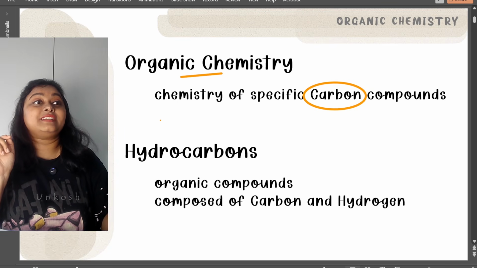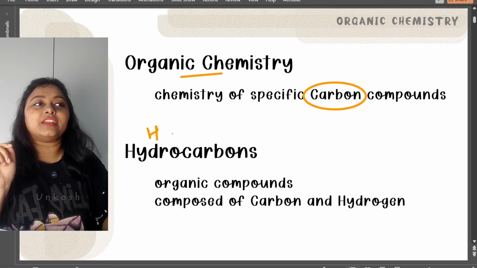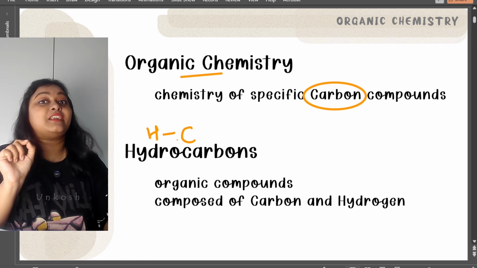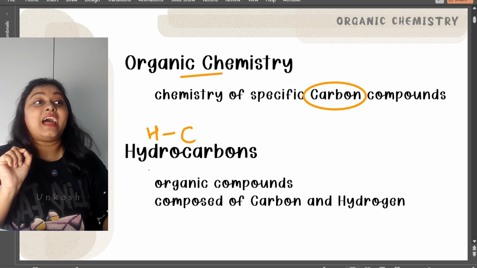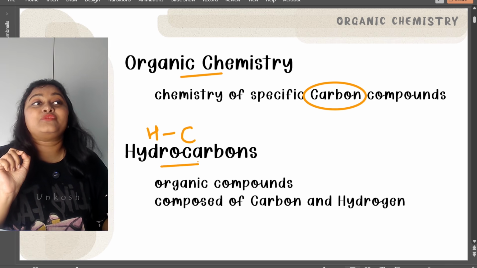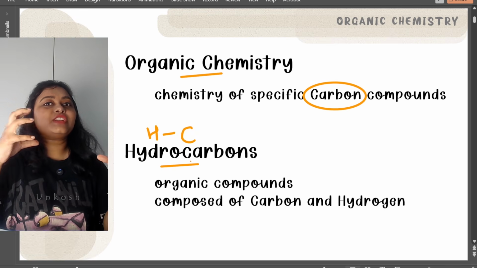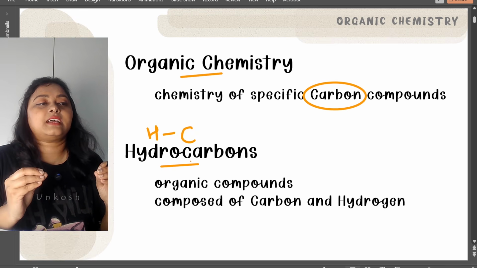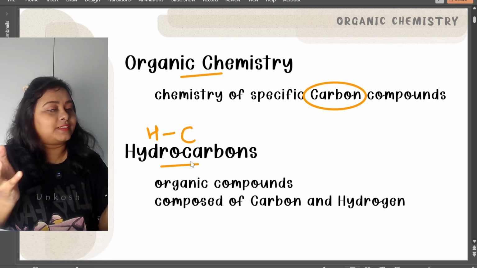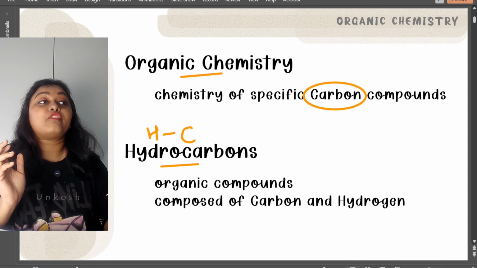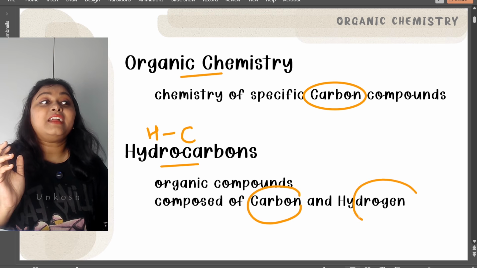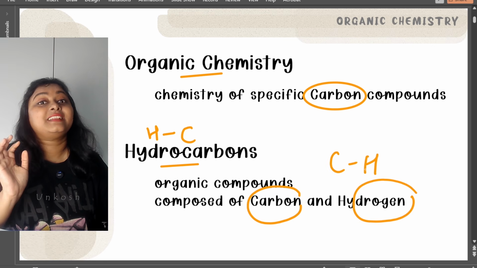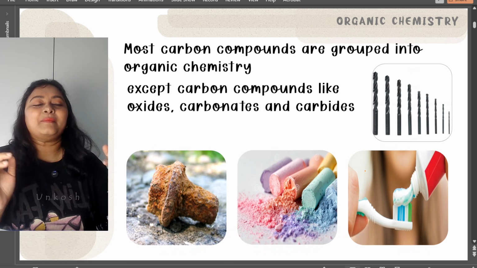Another important element is hydrogen. So there are lots and lots of carbon and hydrogen bonds that we are going to see in this chapter. And these compounds which are made up of hydrogen and carbon are called hydrocarbons. So hydrocarbons are nothing but organic compounds composed of carbon and hydrogen. There are going to be carbon hydrogen bonds that we are going to talk about in the upcoming slides.